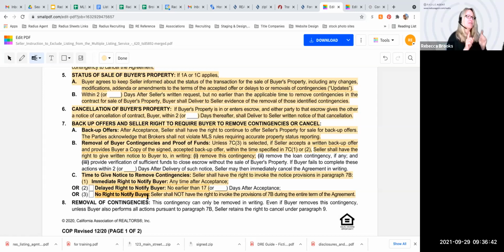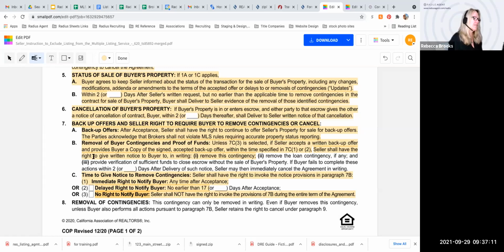Okay. However, from a seller's point of view, the seller definitely wants number 1, right? Because the seller says, if I get a better offer, I want to be able to come to you and say, hey, I'm giving you a notice to perform to remove this contingency. And so therefore, they can kick you out if you don't remove the contingency and take the other offer.